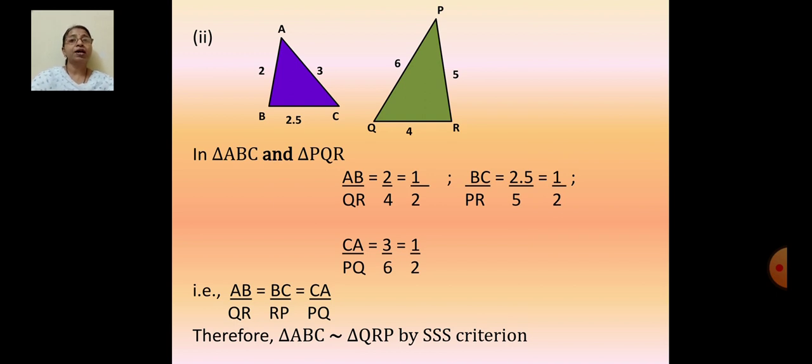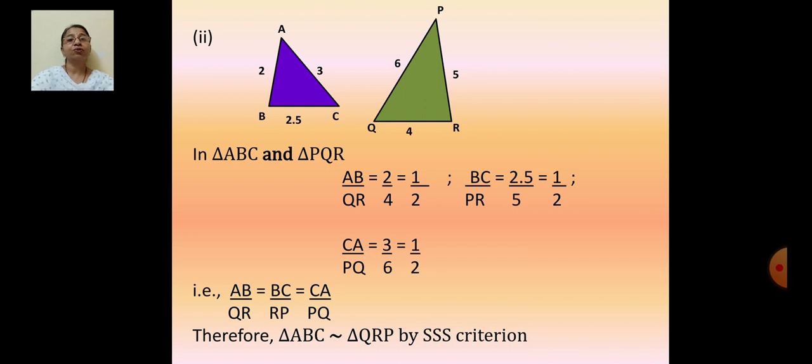So AB upon QR, you will get 2 upon 4, on simplification 1 by 2. BC upon PR, 2.5 upon 5, simplify, again the ratio is 1 by 2, and CA upon PQ, 3 upon 6, again ratio 1 by 2. So you will observe that all three ratios of corresponding sides are equal.